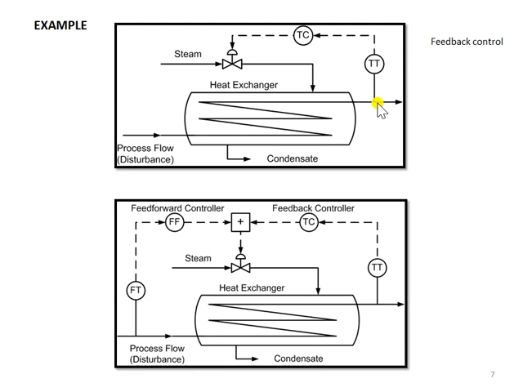To reduce the heat exchanger output temperature, all we need to do is to reduce the opening of the valve. By reducing the opening of the valve, the flow rate of the steam will be reduced and therefore the temperature of the heat exchanger will also be reduced.